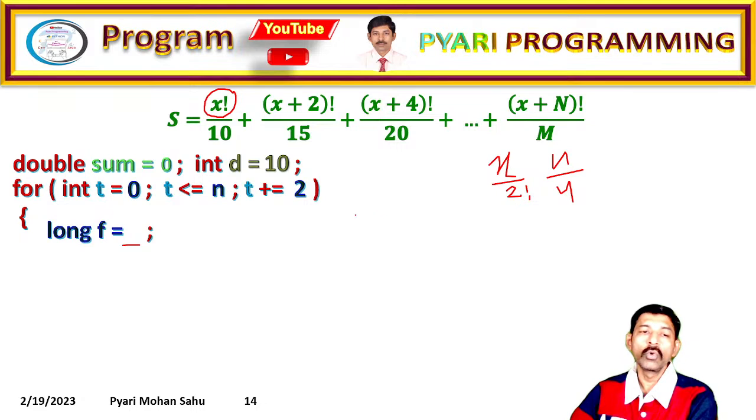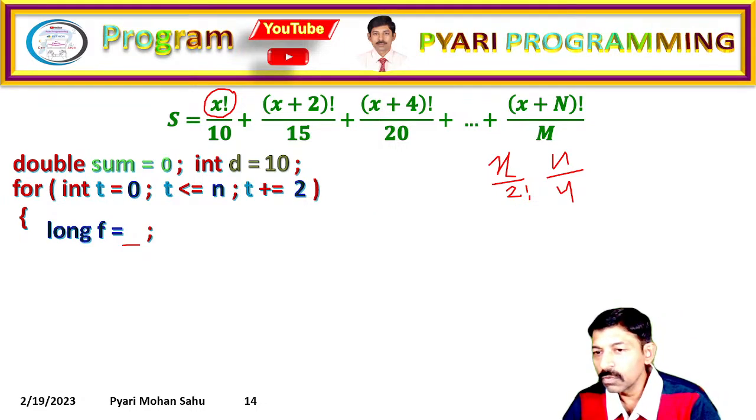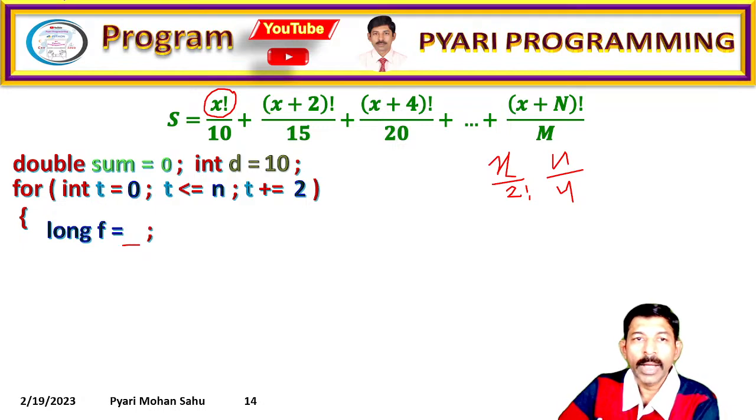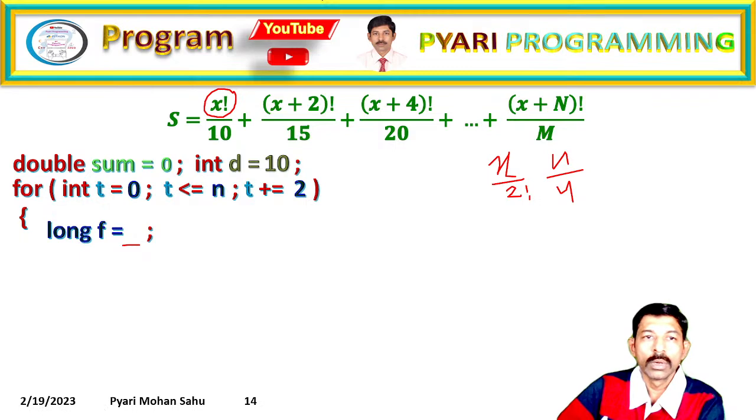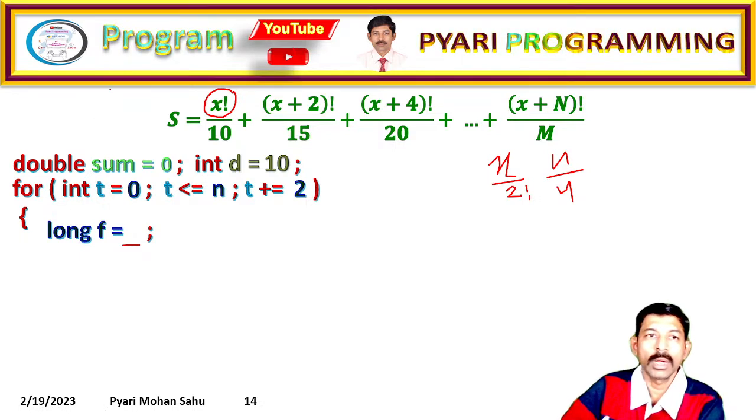Okay. Now to find your 2 factorial, what will be the initial value of your f? Sir, why t will be 0? Because look at this. For x factorial, now I am showing you over here x factorial. Where did my cursor go?